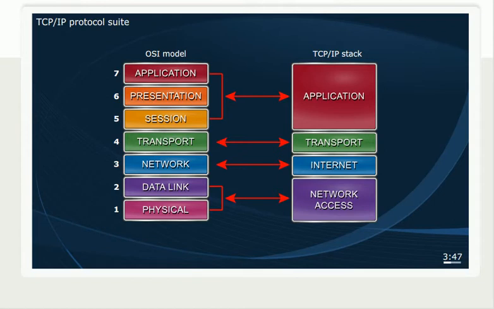Internet Protocol. So Raymond, where would an IP address live in terms of the TCP/IP stack? I know that it lives at the network layer of the OSI model, but where does it live for the TCP/IP stack? It would live at the most appropriately named layer, the internet layer.